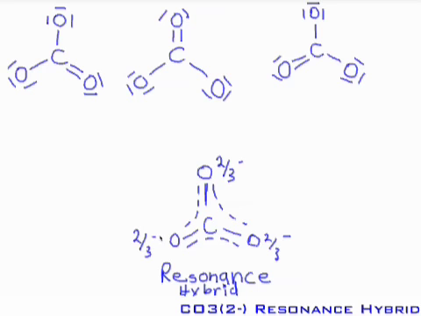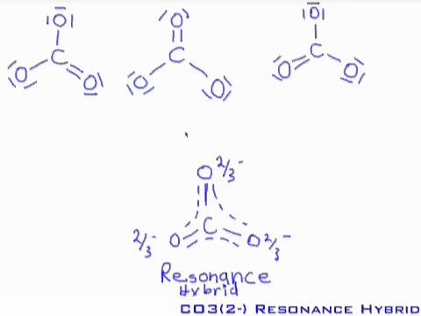Now, the resonance hybrid is what really exists, but how do you draw something like this for a Lewis structure? You can't, because one of the fundamental premises of valence bond theory is that bonds exist between two atoms. And what these dotted lines suggest is that we've somehow smeared out the pi bond of the double bond over all these atoms. And so valence bond theory can't handle this.